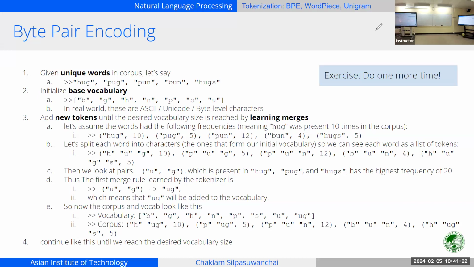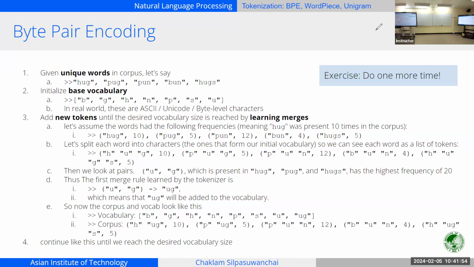But UG is 20, and we need to merge with someone. So you need to see, is it good to merge HUG? HUG is 10, and here HUG is 5, right? So 15. So you need to look at not only UG.